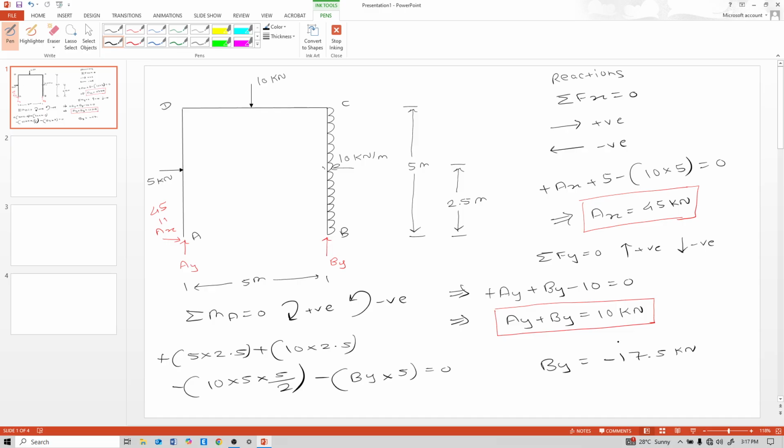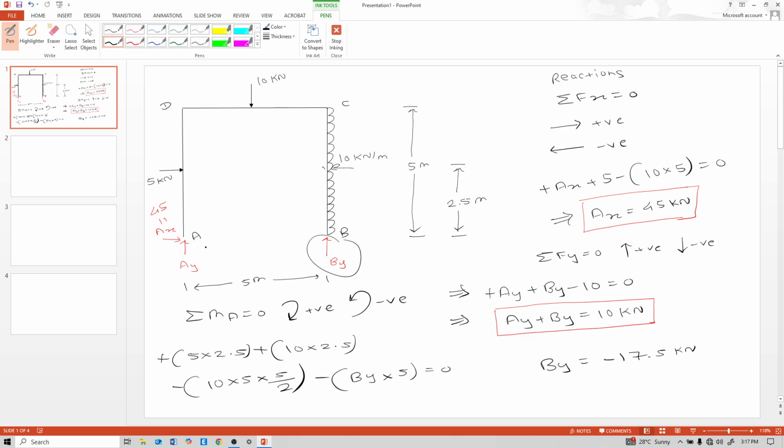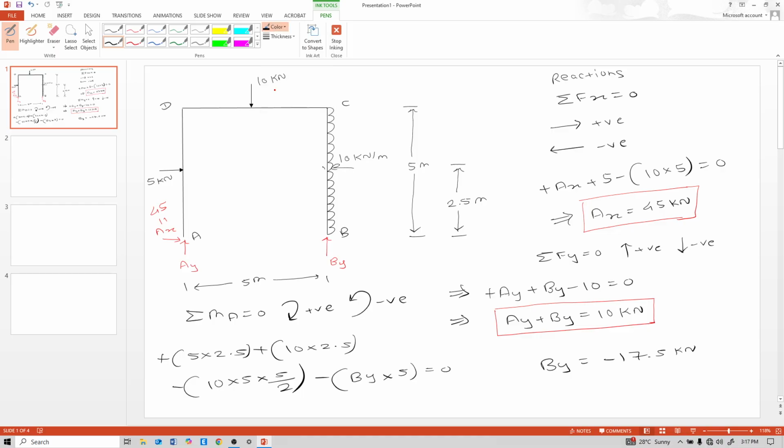If this By, or a reaction, comes minus, then our assumed reaction directions are reverse if minus comes. So this By minus comes, that means the direction is reversed, like this. This is correct.